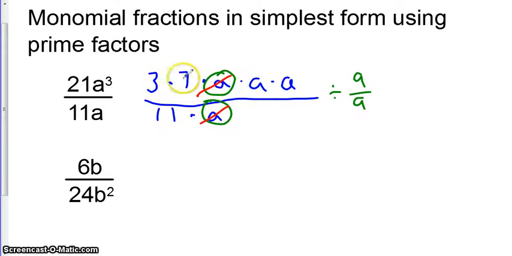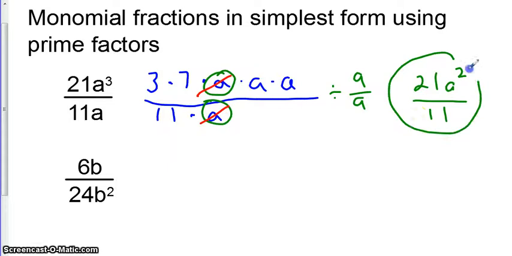We're left with 3 times 7, which will be 21. We have 2 a's left, so it would be a squared over 11. Nothing else remaining on the bottom there. Everything here is simplified. There is nothing else that we can do with this problem to simplify this fraction, so that is as simple as we can get.